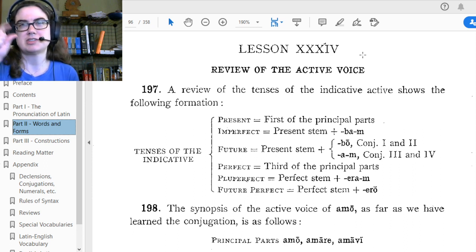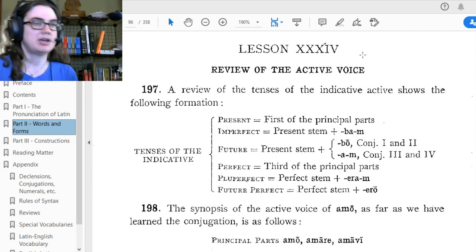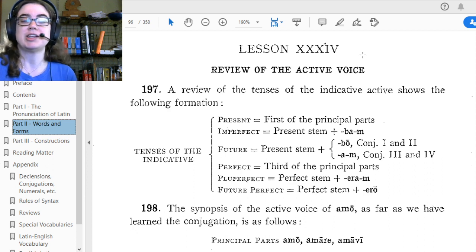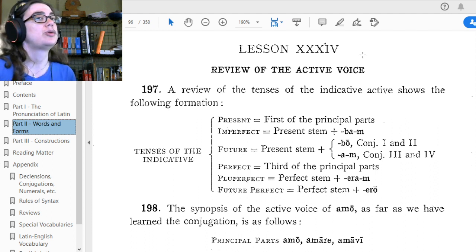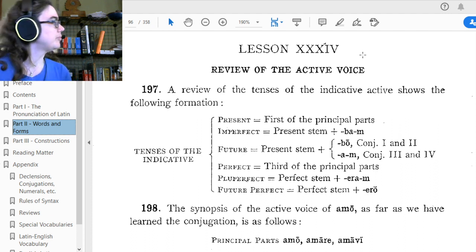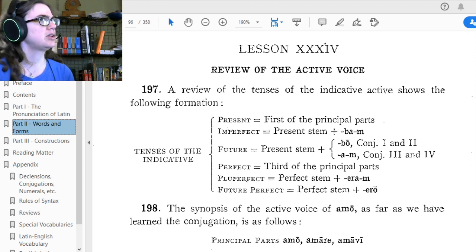So this is a helpful little slide here. It just gives you a really nice summary of how to form all the tenses. And that is, again, all the tenses. We don't know all the moods yet, and we don't know all the voices yet. But I think today we'll be learning the passive for the perfect, and then we will know all the voices.